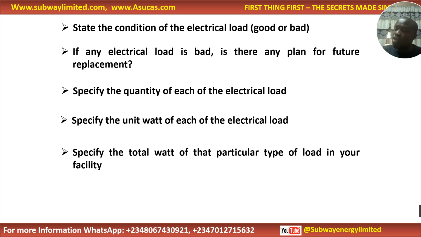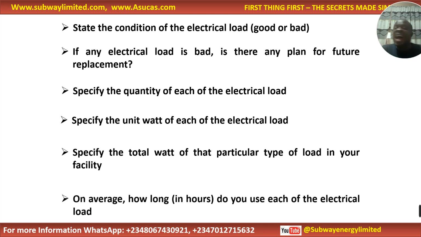Then specify the total watts of that particular type of load in your facility. Then, on average, how long in hours do you use each of the electrical load? If you are auditing for a client, ask him how long, on average, is it like 2 to 3 hours?